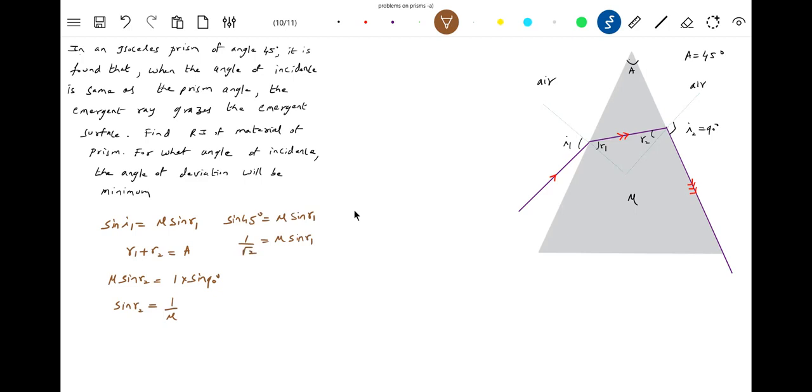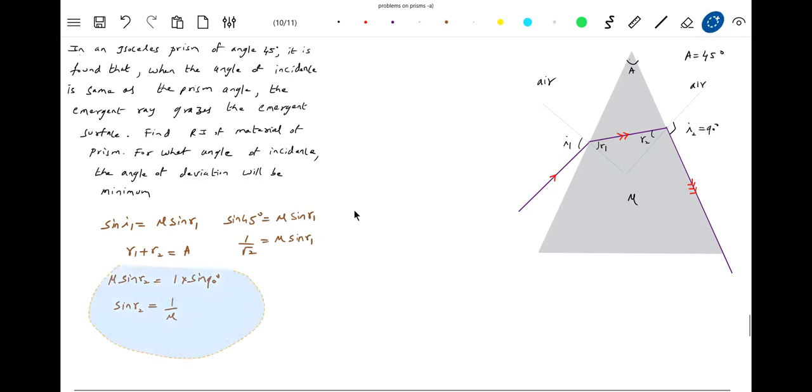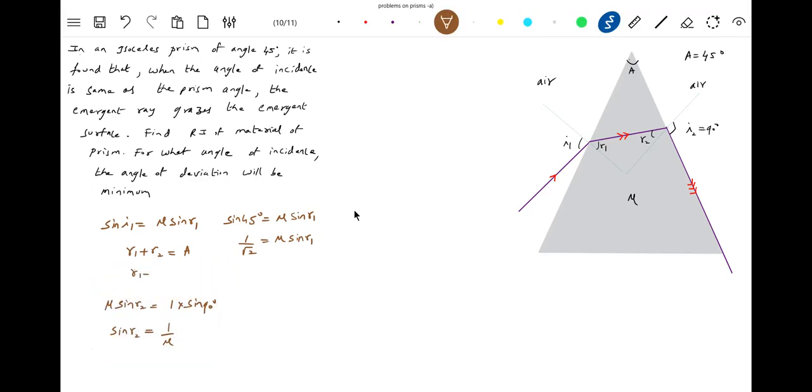And we have R1 plus R2. Where sine R2 is there, I can write 1 by mu. So we need a value of sine R1. So I'll rewrite this: R1 equals 45 degrees minus R2.